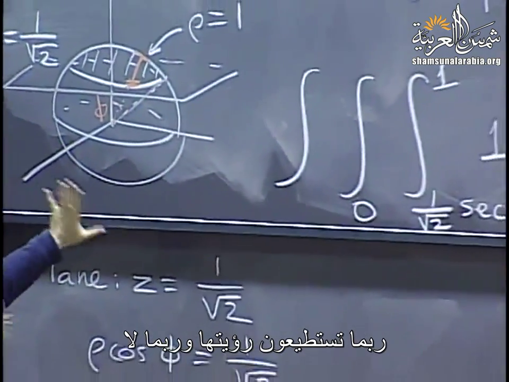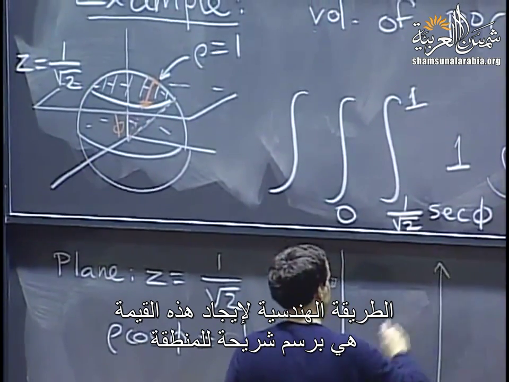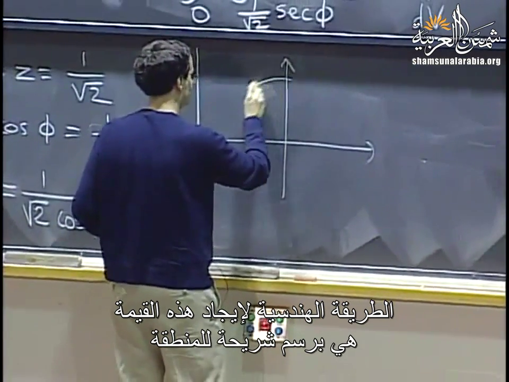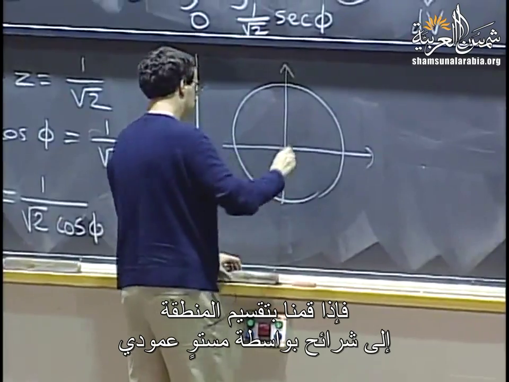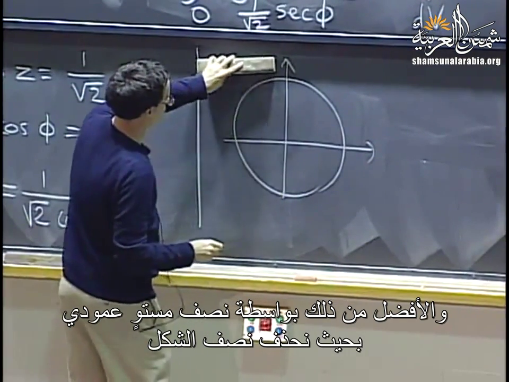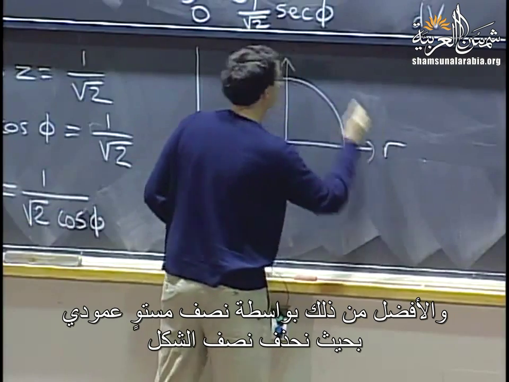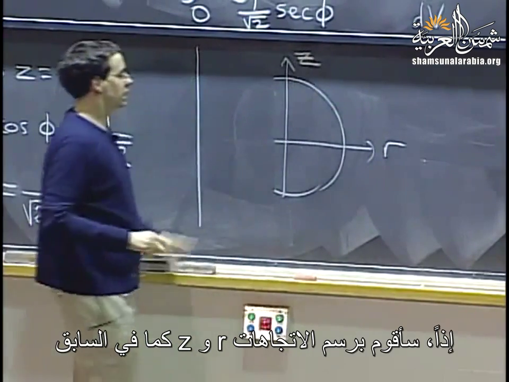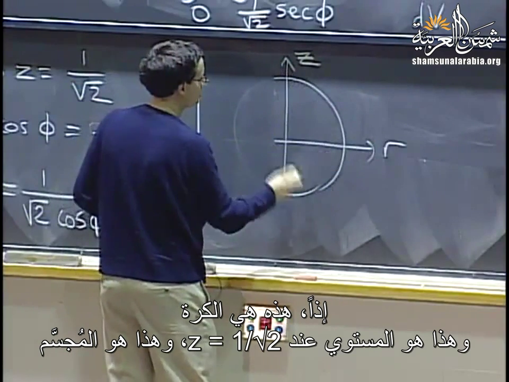Okay, so maybe you see it, maybe you don't. One way to do it geometrically is to just, it's always great to draw a slice of your region. So if you slice these things by a vertical plane, or actually even better, a vertical half plane, so I'm going to delete one half of the picture. So I'm going to draw these R and Z directions as before. So my sphere is here.